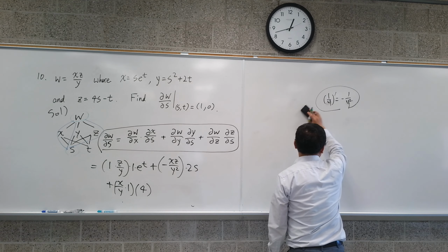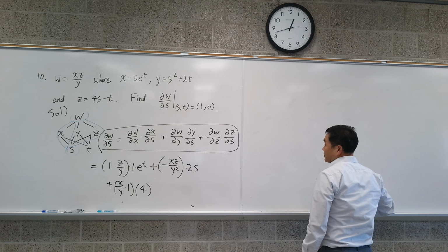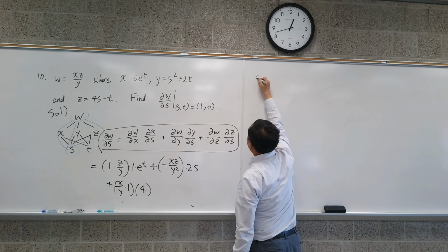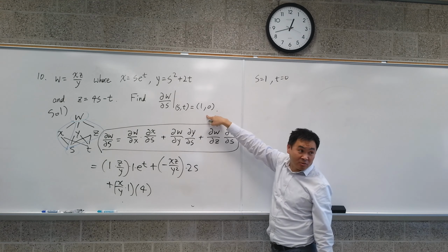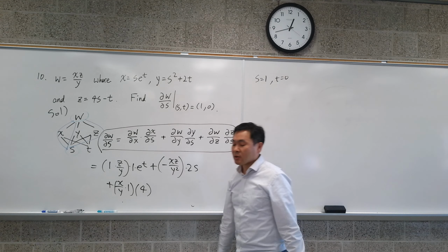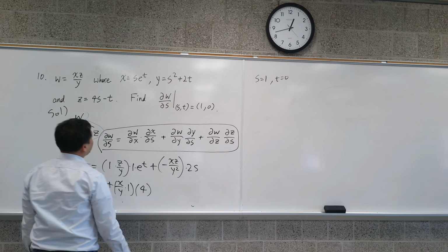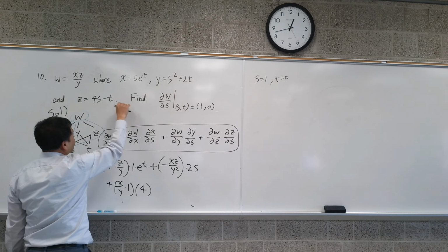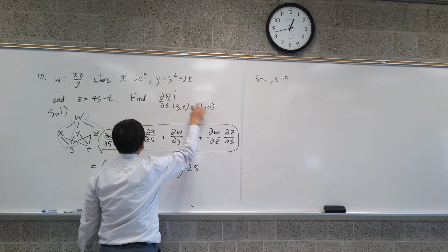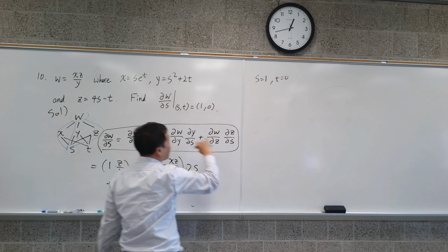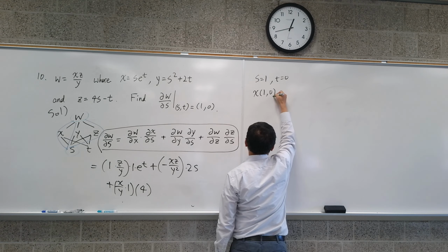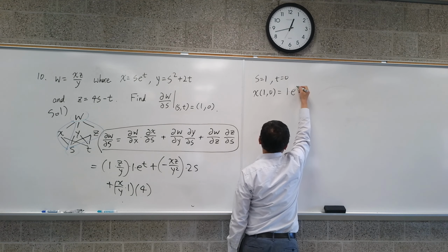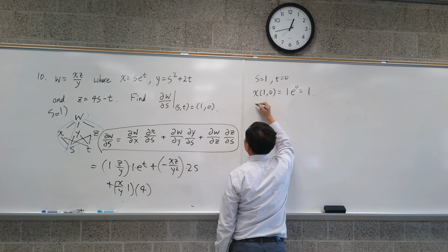Now you have to plug in s as 1, t as 0. That's what's being asked of you, right? But then realize that because x and y and z are functions of s and t, if you plug in these values, x, y, z will have a value. So you have to figure out those values. So x at (1, 0) means 1 times e to the 0th power, which is 1.